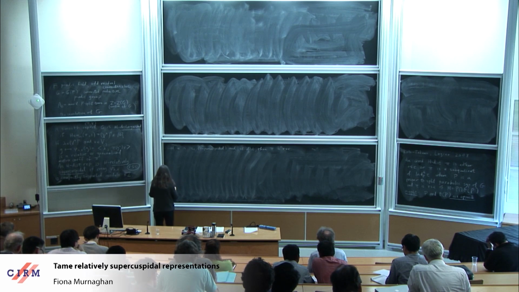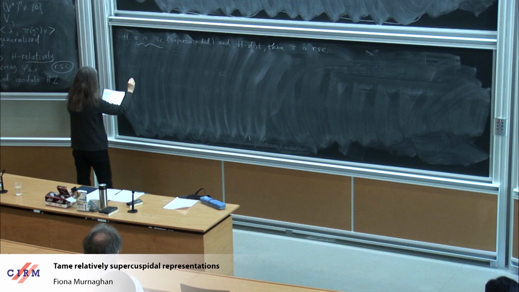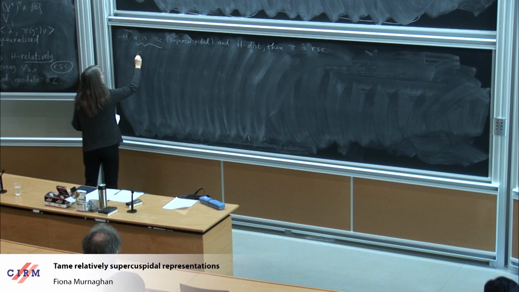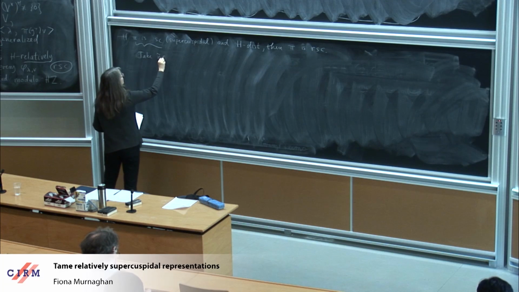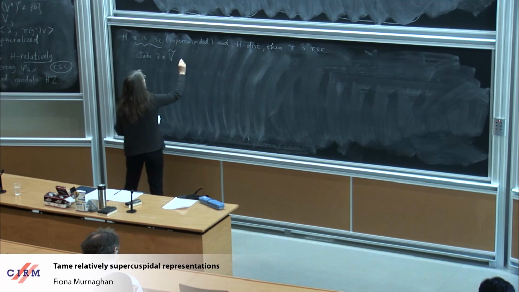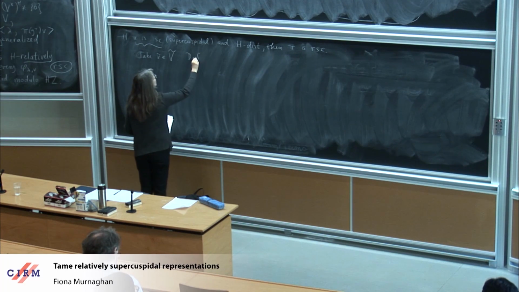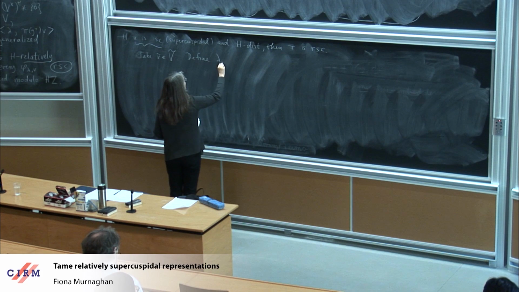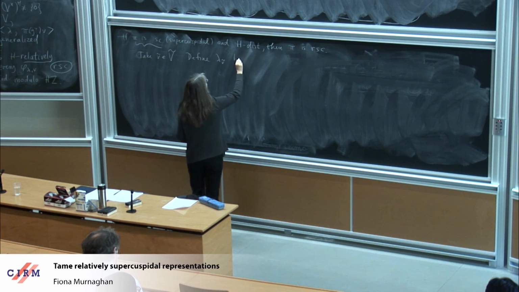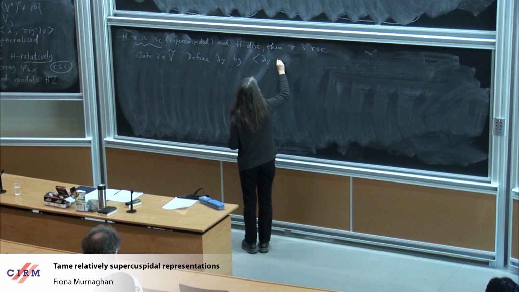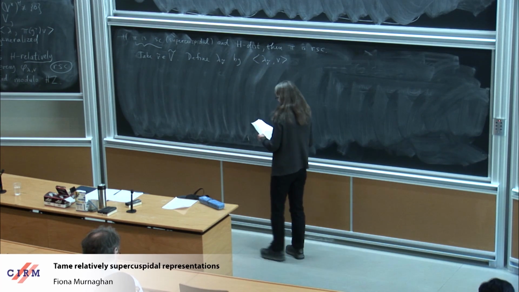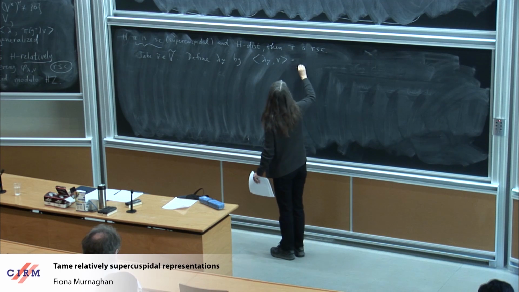Now, in general, if pi is supercuspidal, in this case, you can look at the form. So let's take a vector in the contragredient space, and then we're going to define a form by integrating. The value of this form on a vector v is just going to be this integral.